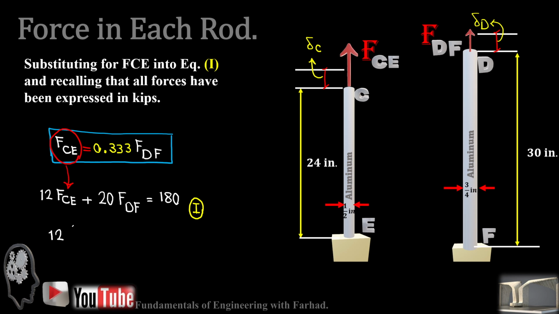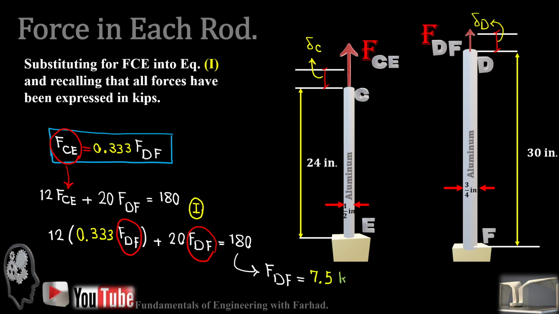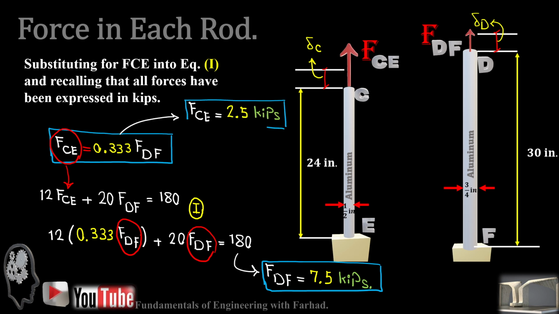Replace F_CE in this equation, and F_DF is easily calculated: one equation, one unknown. Then you can also go back to the first equation and calculate F_CE based off F_DF, that's this numeric value times F_DF. Replace it and you get the forces in both rods.